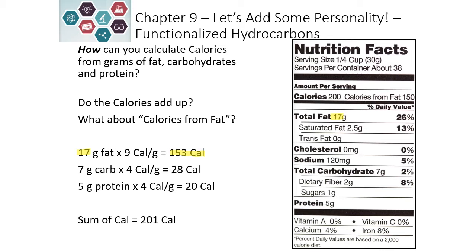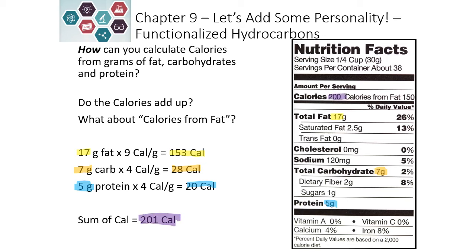If we look at our carbohydrates, there are 7 grams of carbohydrates. If we multiply by 4 calories per gram, that gives us 28 calories. And if we look at our protein, 5 grams of protein times 4 calories, that gives us 20. So if we add all of those together, we end up with 201 calories.